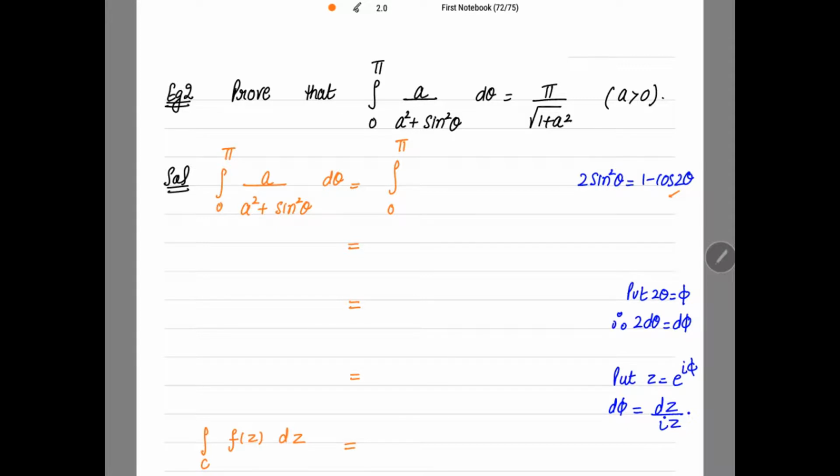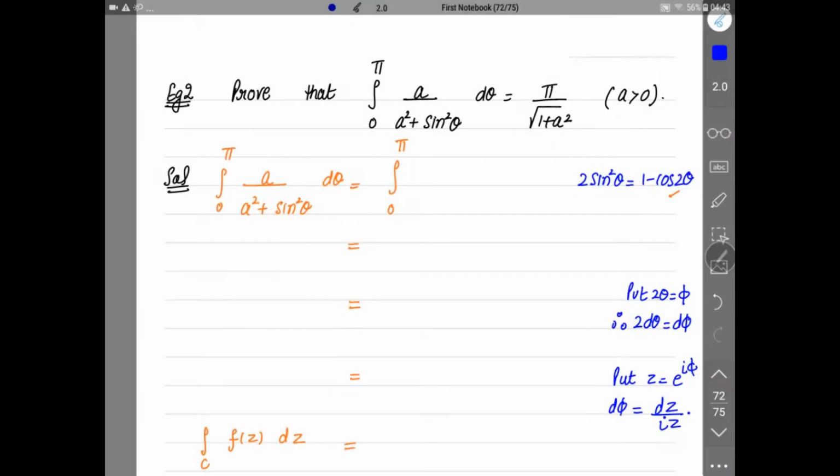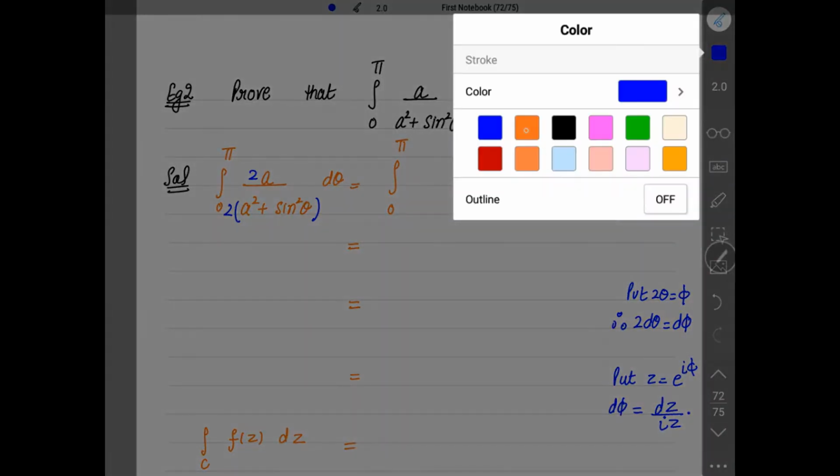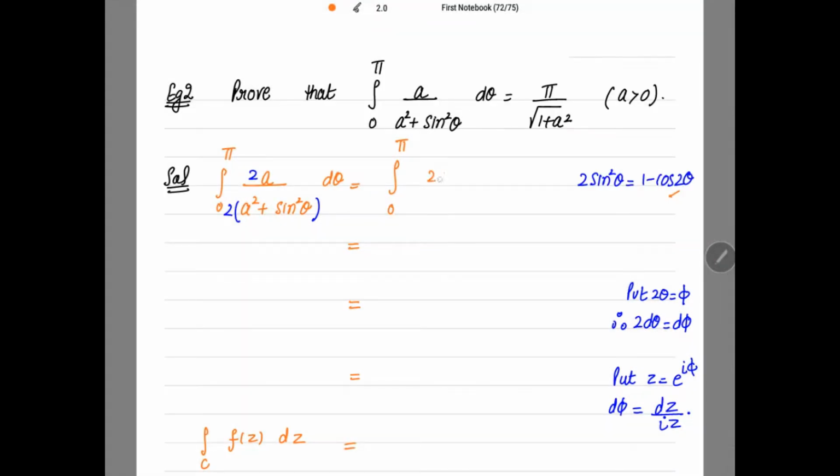Alright, so I'm multiplying 2 with the numerator, and also multiplying 2 with the denominator, so that I get 2a over 2a square plus 2 sin square theta d theta.